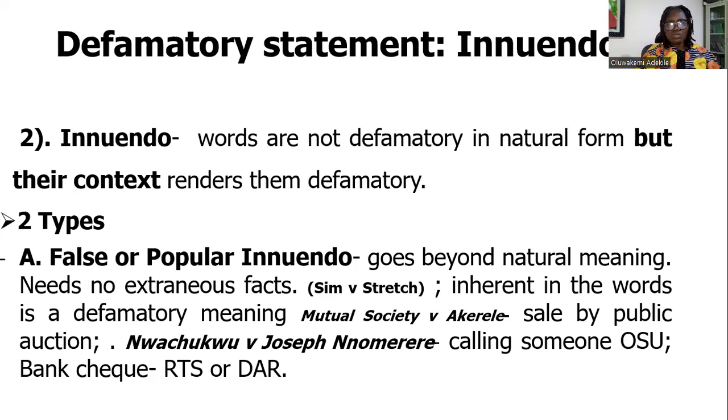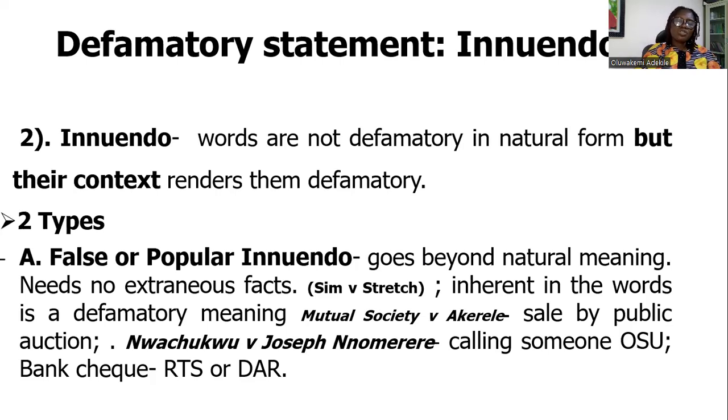The thing about innuendos is that these words, in their ordinary, natural meaning, are not really defamatory, just looking at them in the literal sense of the word. But in the context in which they are uttered, or with the hidden meaning, the meaning that they convey that is technical, they are defamatory. So the two types: in the false or popular innuendo, the words that the defendant has uttered go beyond the natural meaning.